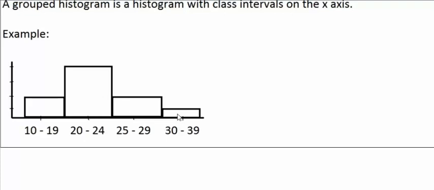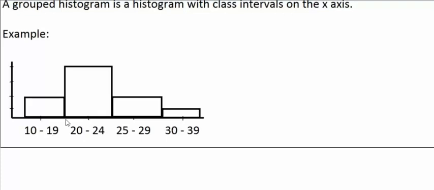I want to point out that I didn't do a very good job of making this table, because when you make a grouped histogram, all of the intervals are supposed to have the same width. You're not supposed to switch from a class width of 10 to a class width of 5. You're supposed to keep the same class width all the way across.